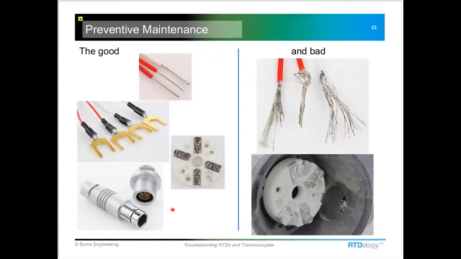If you use a connector, use a really high quality one, preferably water resistant, watertight, with gold plated contacts. And if they are mated and unmated frequently, it's probably a good idea to either use a 4-wire circuit or change out the connector on a regular basis if it's a 3-wire circuit.